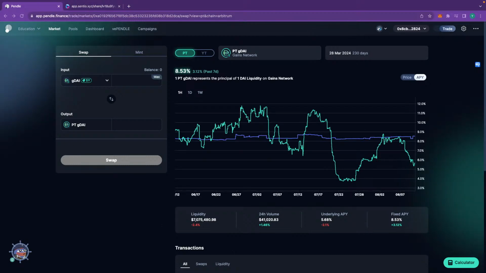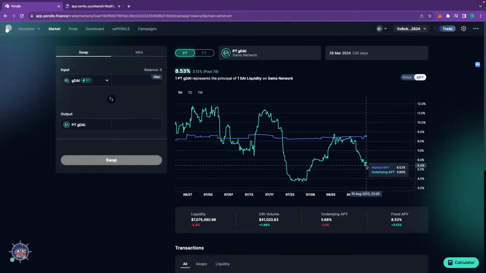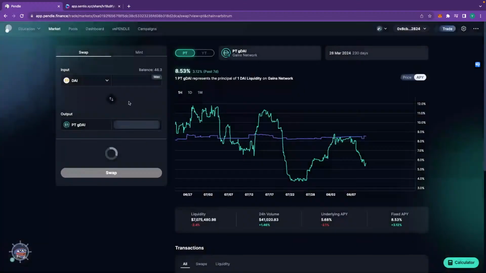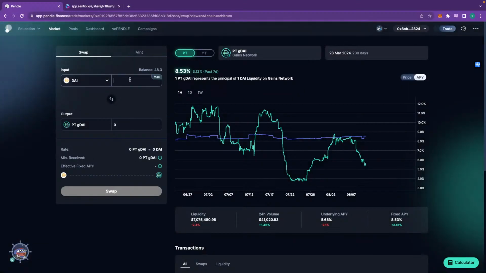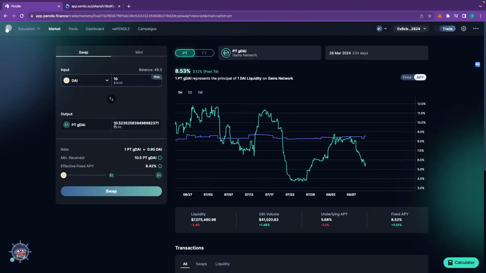And what's more, I can see from the chart that the underlying APY, meaning what GDI has been giving in APY, has been dropping over time, and it's only at like 5.68% right now. So shorting yield seems like a pretty good case here. Okay, just for the sake of example, let's say I think it's a good opportunity to buy PT to get this fixed yield, and say I put in 10 DAI to buy 10.5 PT.